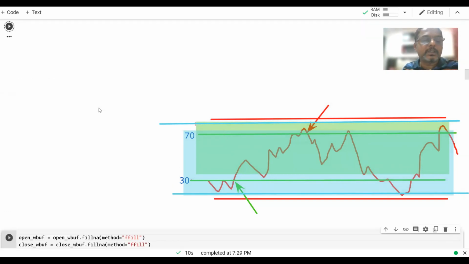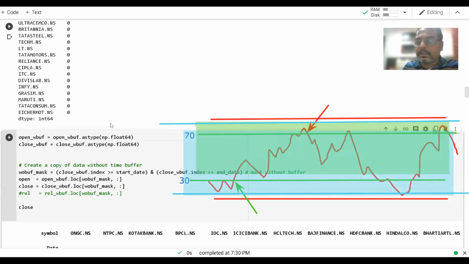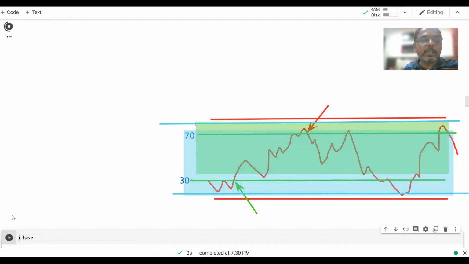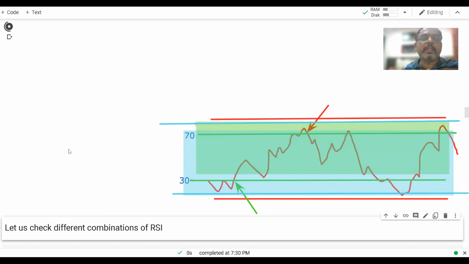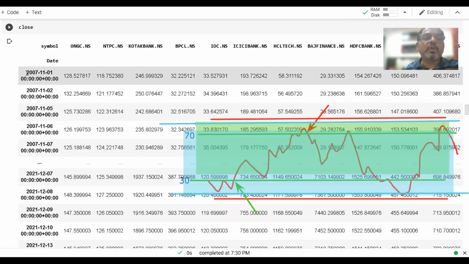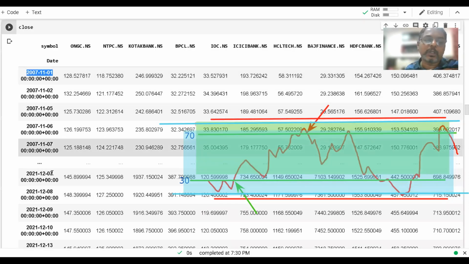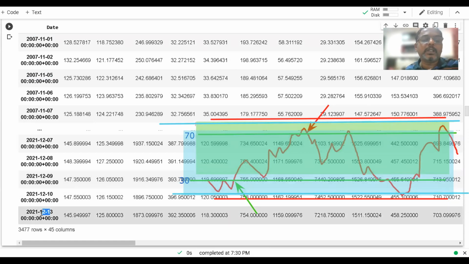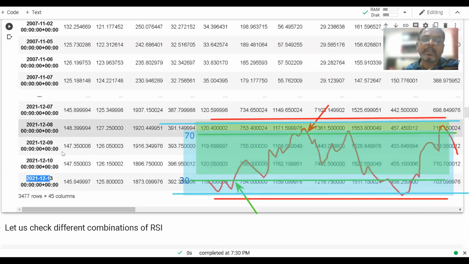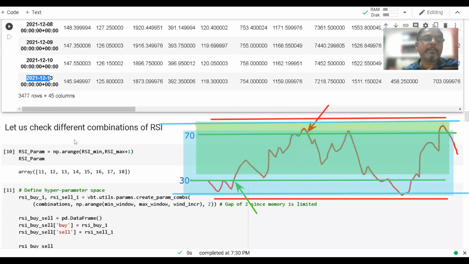Then we'll do some sanity checks, some cleanups, and then a little more cleanup, and this is my final close. My final close starts from 1st of November 2007 and goes till 13/12/2021. This is how my whole data is.